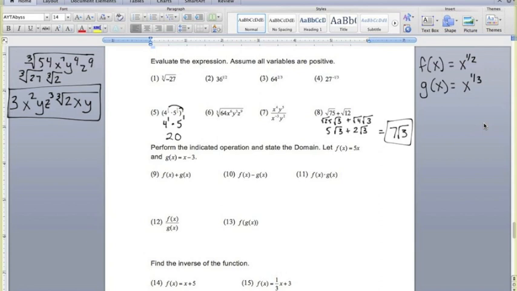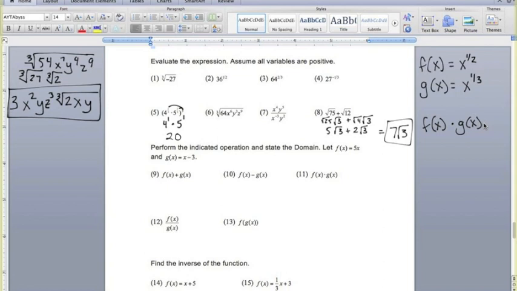We're not going to do any of those here, but during the work time you have, if you want to work on those for more practice. The first thing I want to do with them, and we're not going to go through all of the operations here, but I want to do f of x times g of x. This is our first problem here.